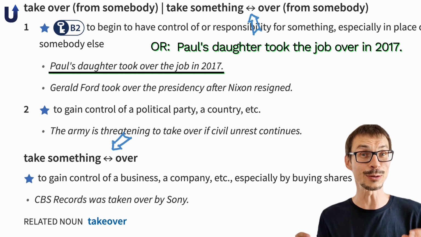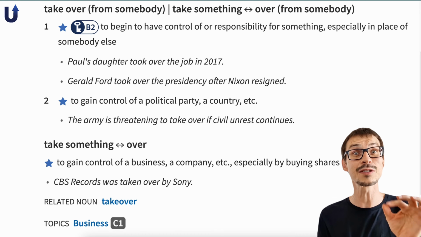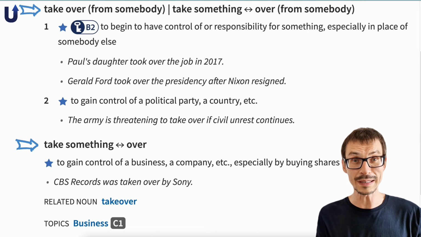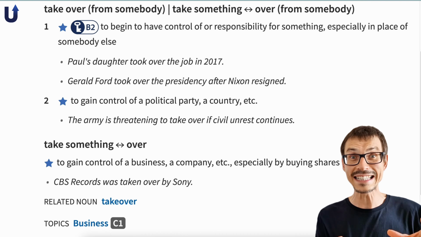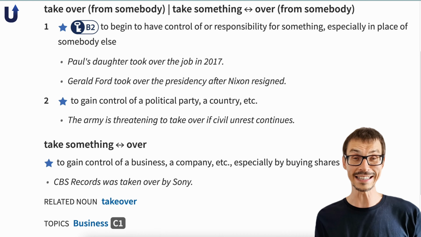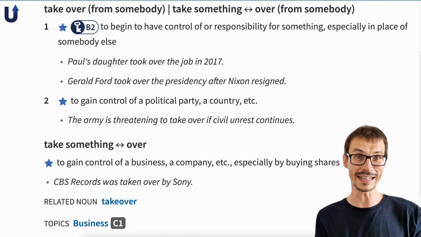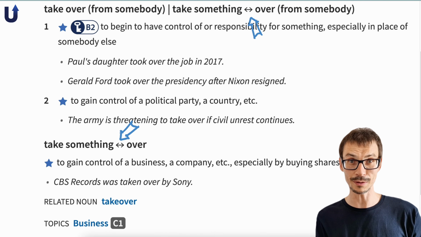So when you're learning new meanings of phrasal verbs, look for this double-sided arrow and see if it's next to the verb you are learning. In fact, not next to the verb that you are learning, next to the meaning of that verb. It's important because some verbs have meanings that are separable and some meanings that are not separable. A good example of this is take over. We can see here that at B2 and C1, both of these meanings of take over are separable.